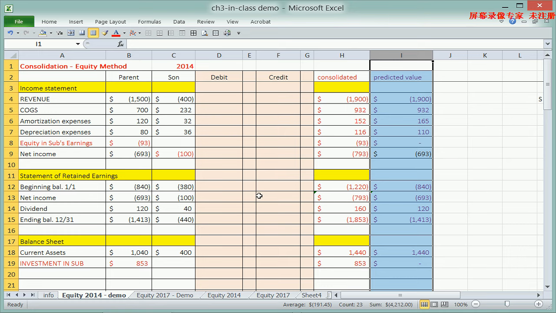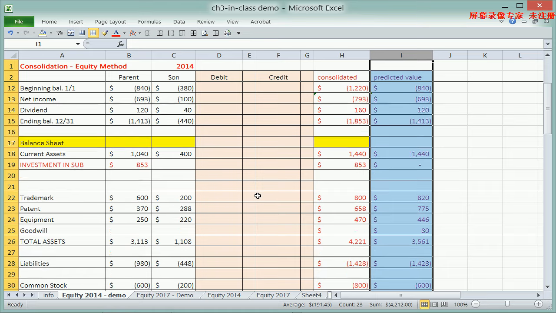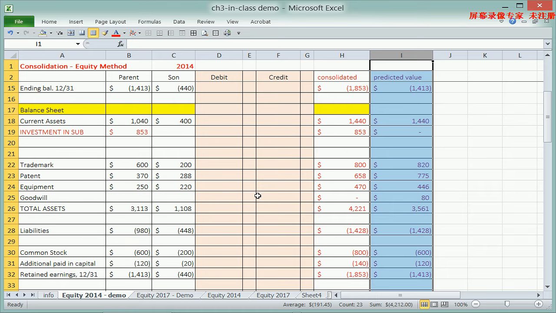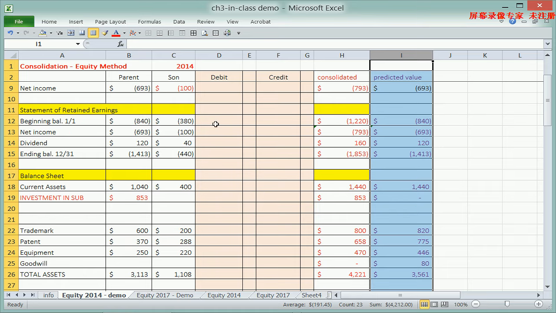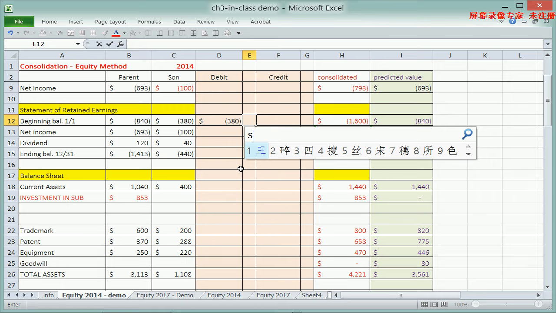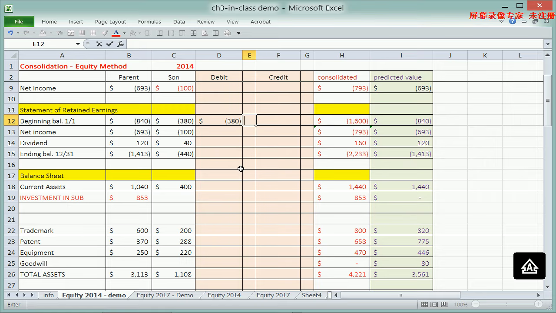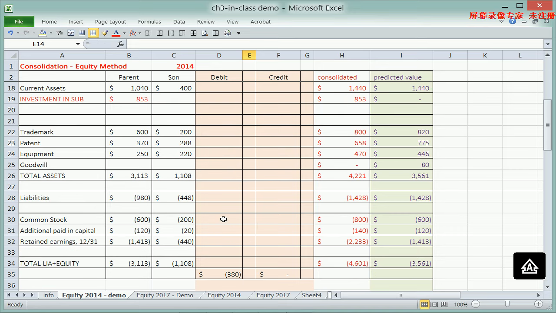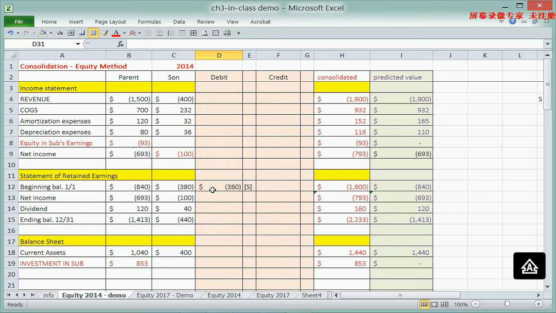Again, let's start with the S entry. The S stands for stockholders' equity. It should eliminate the beginning balance of the retained earnings of the subsidiary. The same here. Should be the positive number.